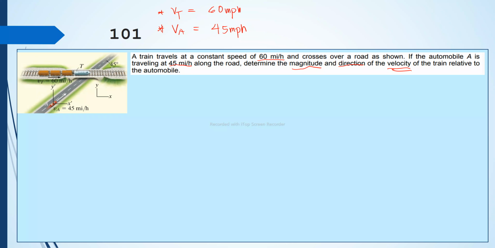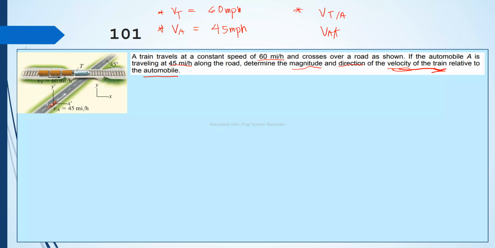Then, we're asked to find what? We are asked to find the magnitude and direction of the velocity of the train relative to the automobile. So, are we using Vt over A or Va over T? Ingon man niya diri that the velocity of the train relative to the automobile.